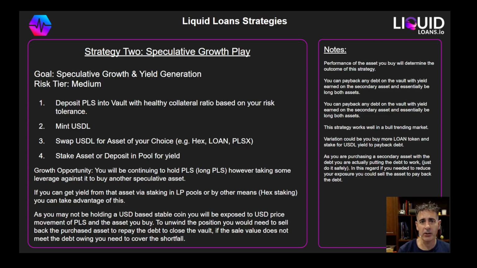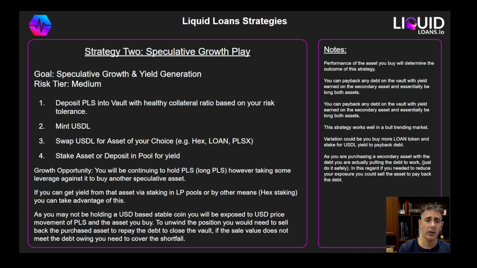You're basically betting on a speculative asset going up. I like pairing it with something like HEX or LOAN because you're still long your Pulse. You haven't gotten rid of your Pulse bag, but then you've bought another asset that you probably know pretty well and are pretty comfortable with, and that other asset produces yield. So HEX produces yield, we know that. And I've just mentioned that LOAN can produce yield as well.